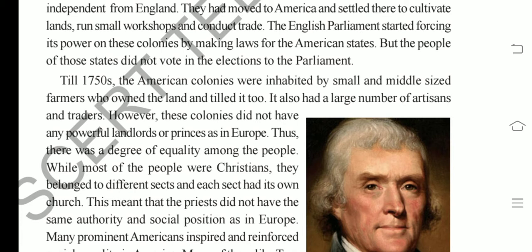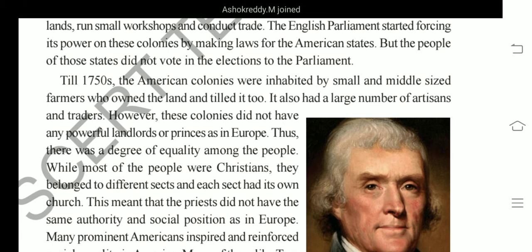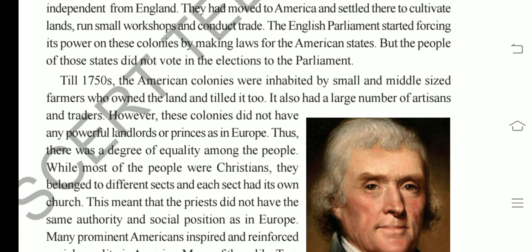So these colonies did not have any powerful landlords and princes as in Europe. In Europe, there were powerful landlords and also princes who controlled people in their region.